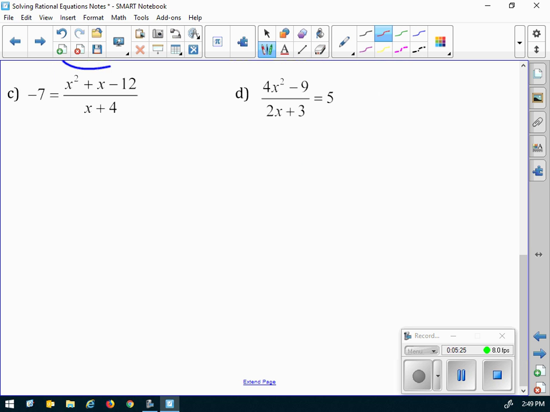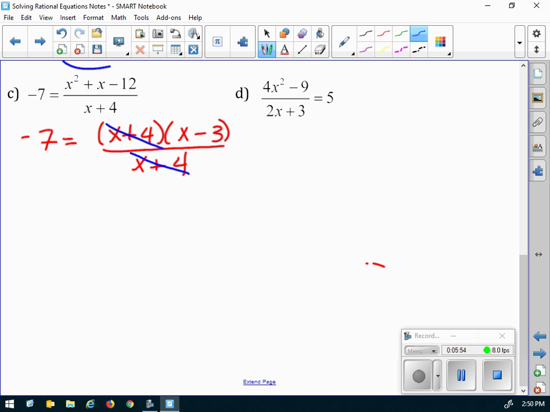Next problem. C. What are you going to do first? Factor. Go. How does that factor? X plus 4 and x minus 3. Yeah. I can factor these out.